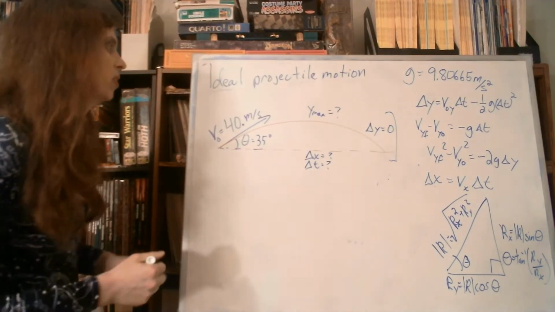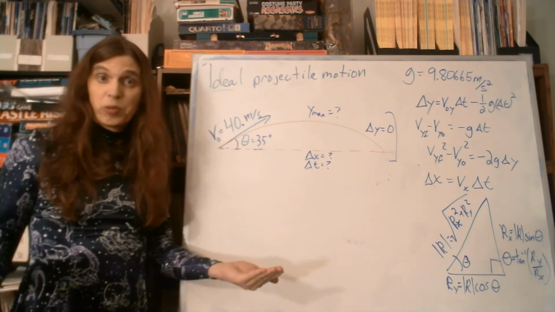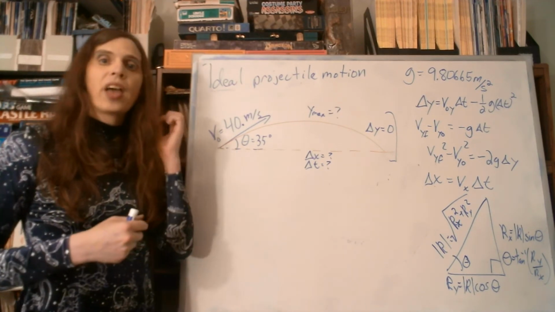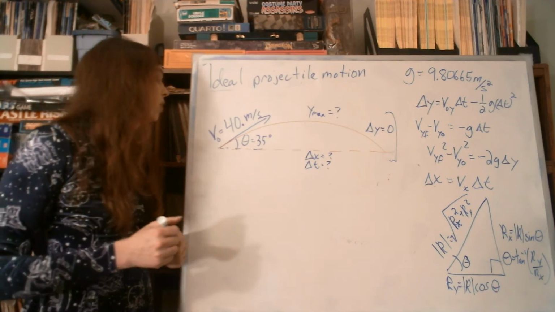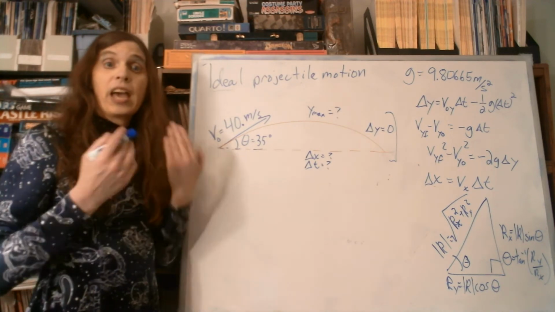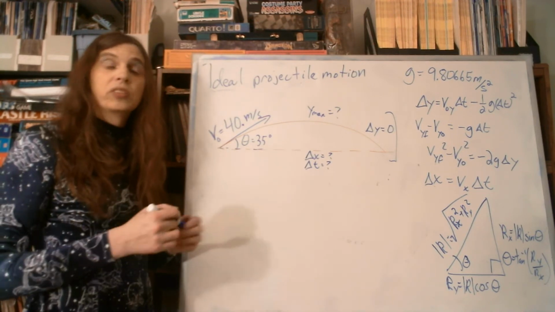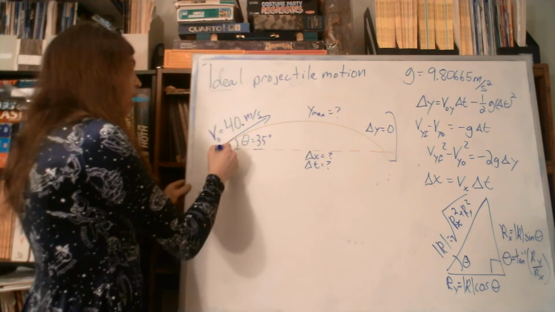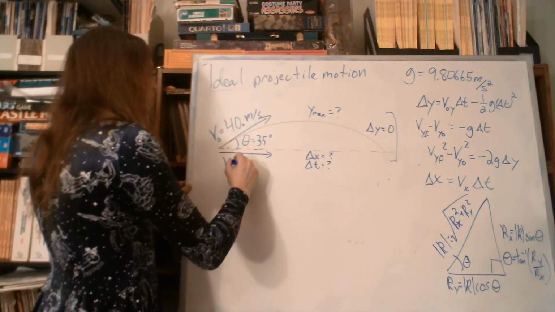Okay, so the first thing we want to do, after we've established what type of problem it is and what our preferred coordinate system is, is break down any of our vectors into components that align with that coordinate system. So what is the x component here?